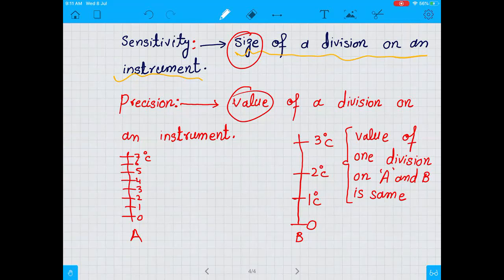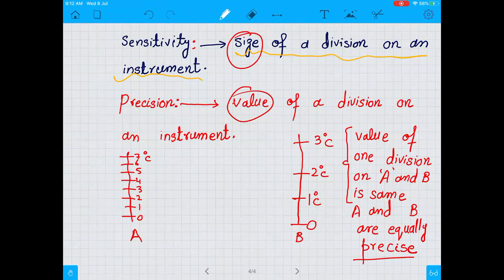So precision is about the value of the smallest division. So you can say that A and B are equally precise, since both of them have a smallest division of 1 degree Celsius. So they have the same precision.